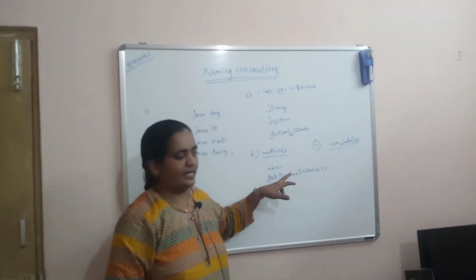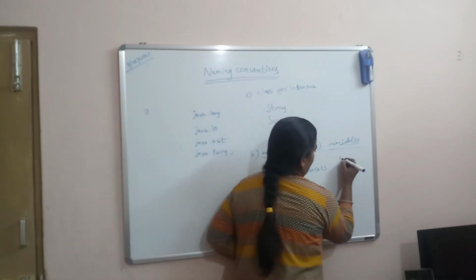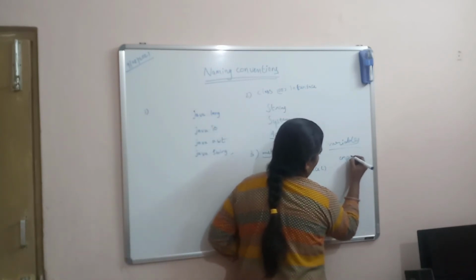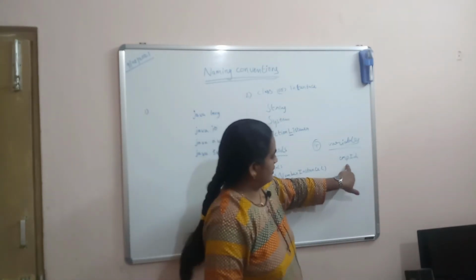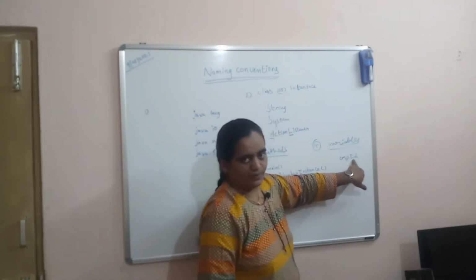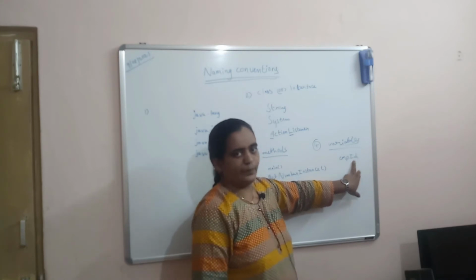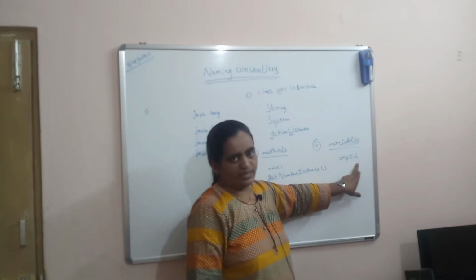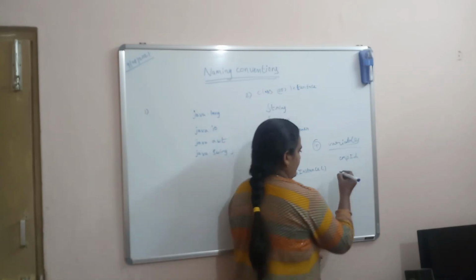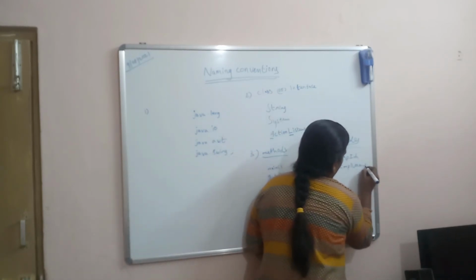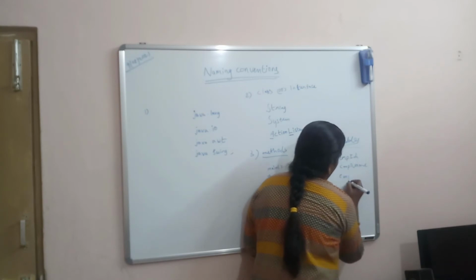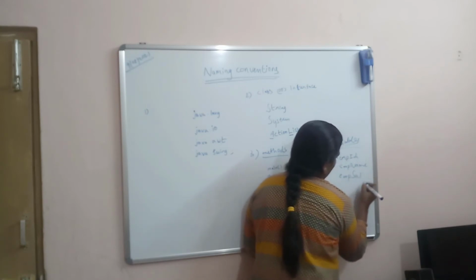For example, we want to declare employeeId. This is one word, this is another word. I am writing an Employee class having the variables employeeId, employeeName, employeeSalary.